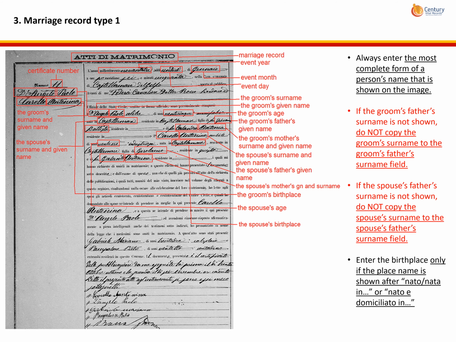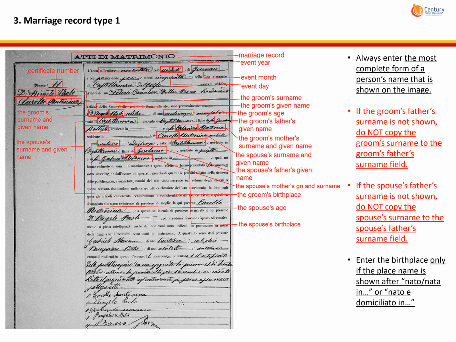This is the first type of marriage record. With the help of the keywords shown in the previous slide, identify the information that needs to be keyed. Remember to always key the most complete form of a person's name that is shown on the image, but key only information which is on the image.